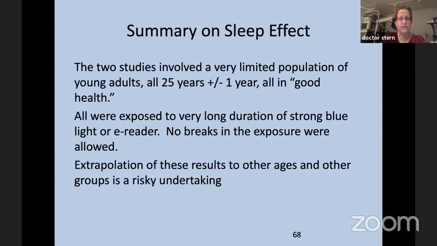Basically, they had this long duration of blue light from the e-reader, or in some cases from a non-e-reader. We're not sure that we can really extrapolate all those results to other ages, but it could be something we could study more. Maybe during COVID it might be an interesting study, because people are on their devices much, much more now, and children are on them all day with home school.